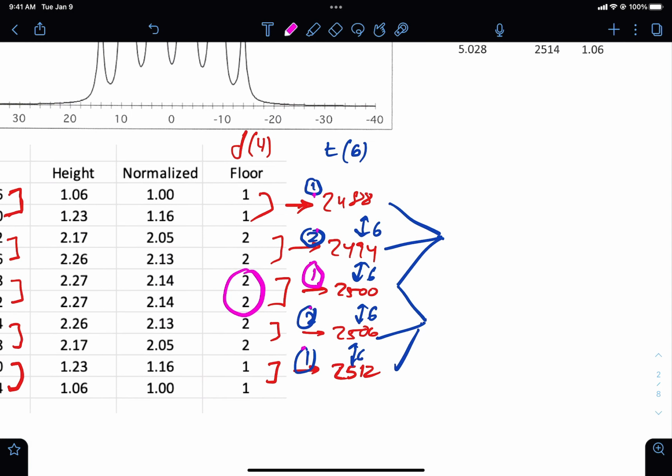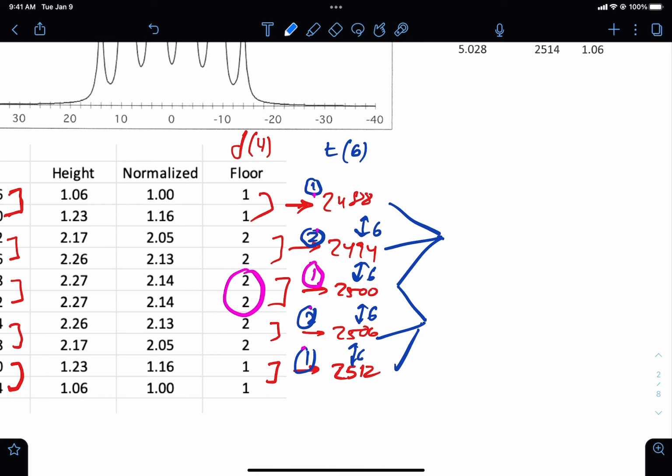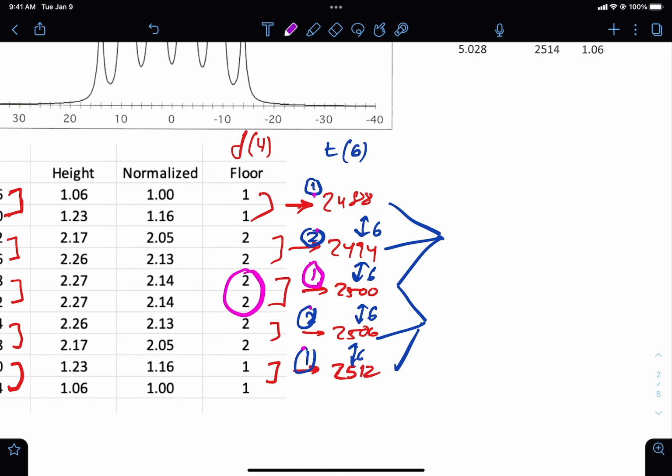So the top triplet, and I'll change color here again, I'll do purple, the top triplet is centered on 2494. And the second triplet was centered on 2506.